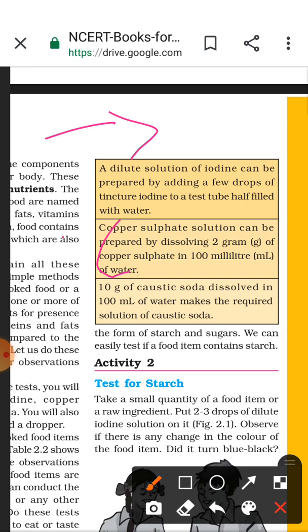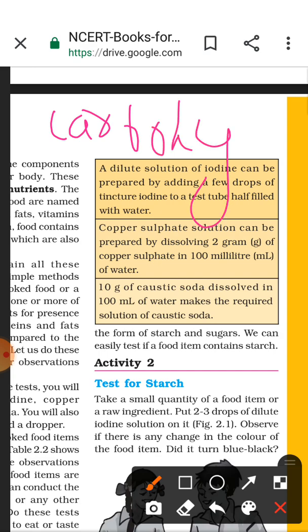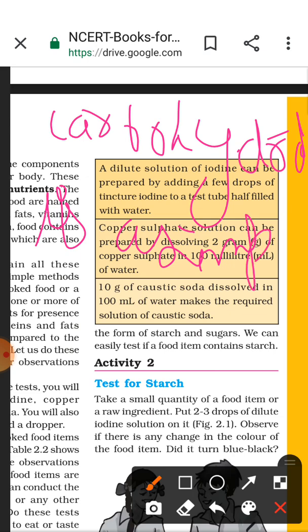Listen to me carefully, carbohydrate is a simpler form of starch.